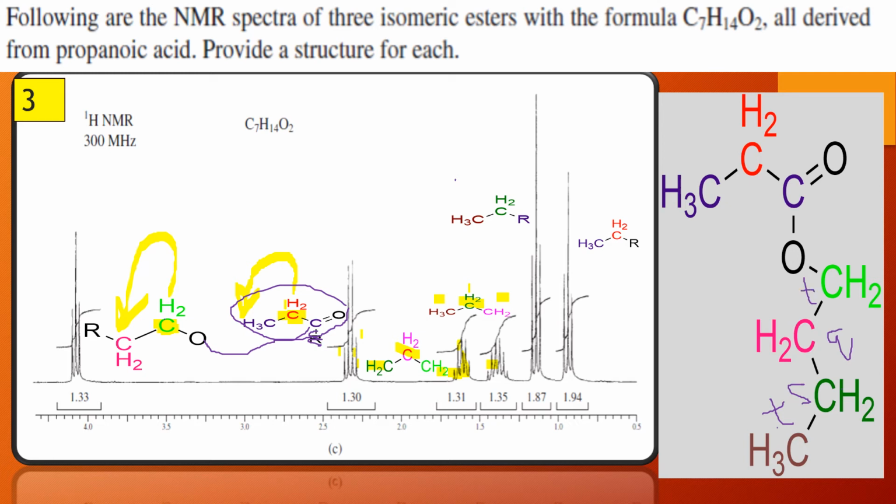And it will give us a quartet, and this one will be a triplet, right? So how many signals? 1 2 3 4 5 6. So 6 signals, right? So very simple.